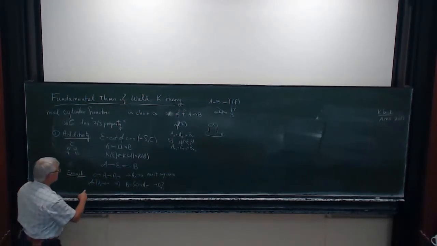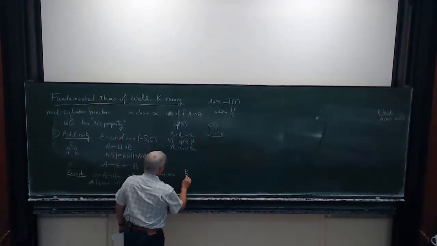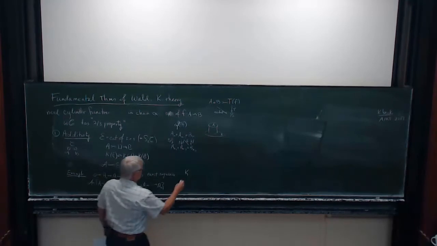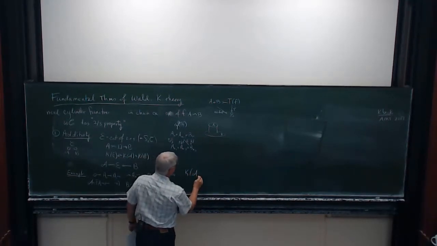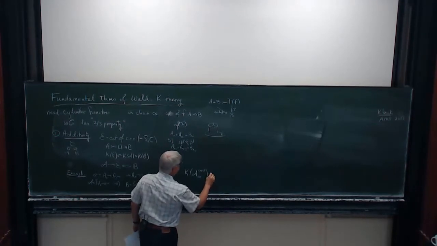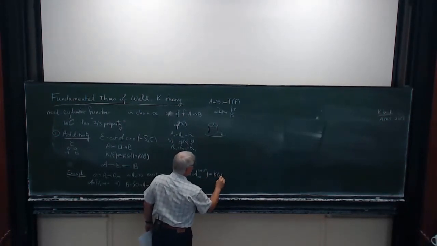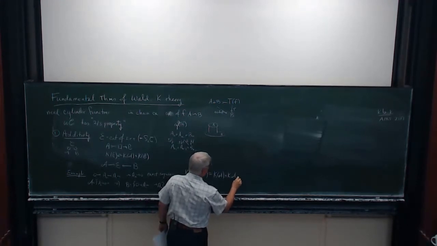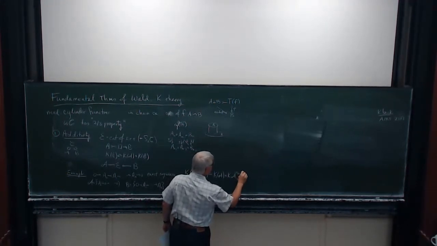So what this says is that the K-theory of, I didn't name it, A from 0 to N, exact, is the K-theory of A, cross the K-theory of A from 1 to N, exact.